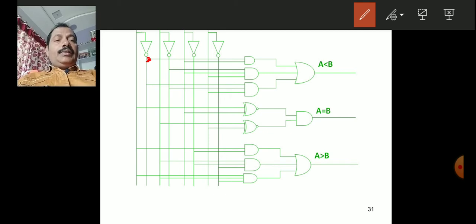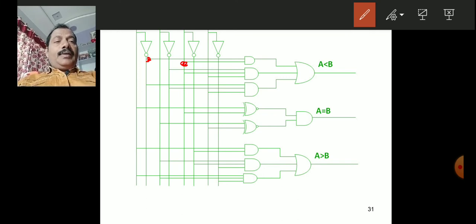Next, B1 bar, B1 is connected. This is B1.